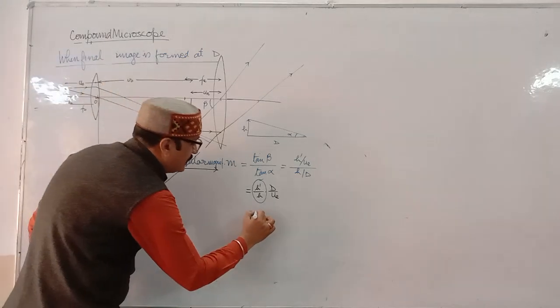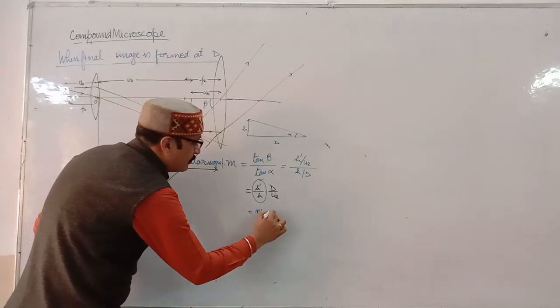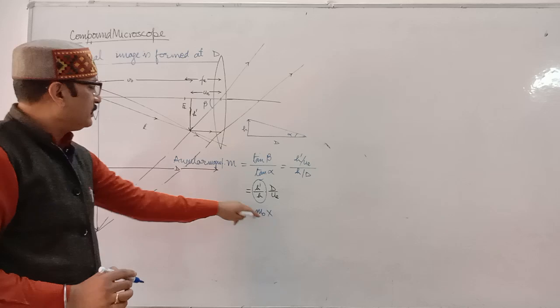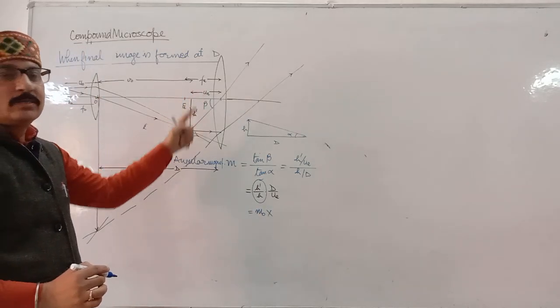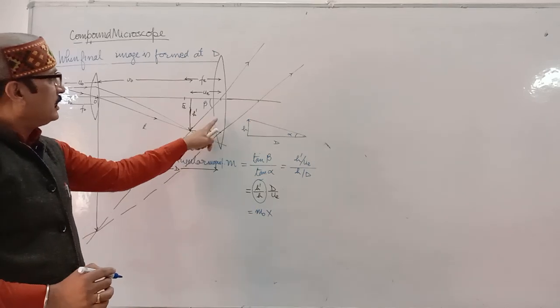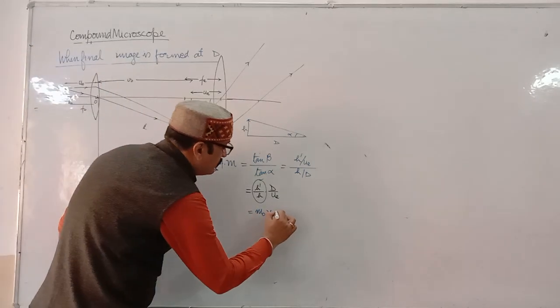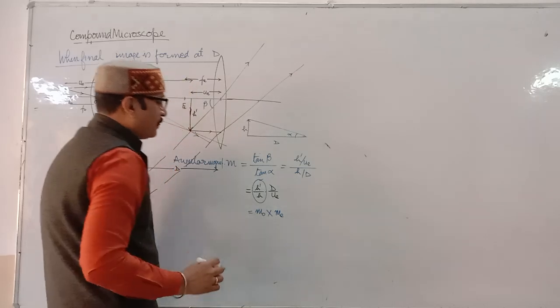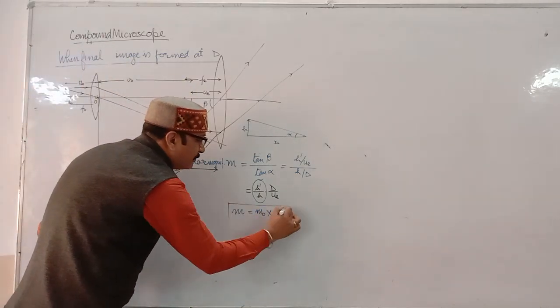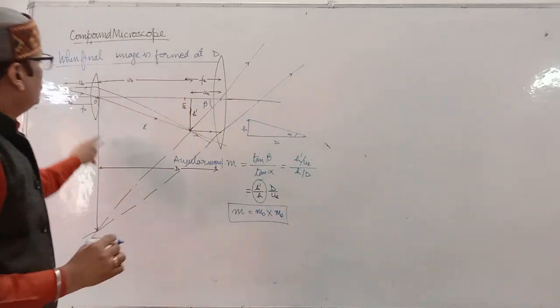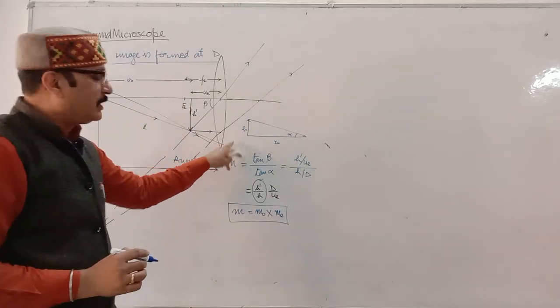You can write it as m(o). And what is d upon u(e)? It is the distance of the image to the distance of the object for the eyepiece. So this will be equal to m(e). Now the final magnification m is the product of the magnification by the objective lens and the eyepiece.